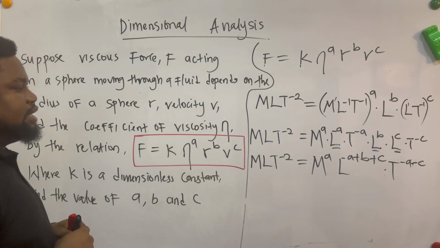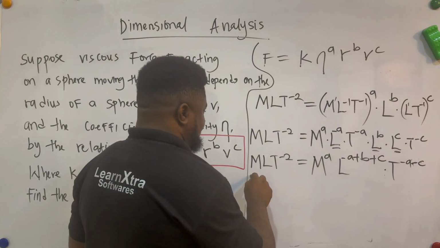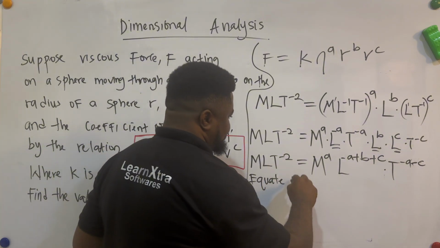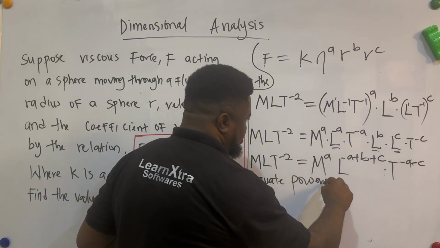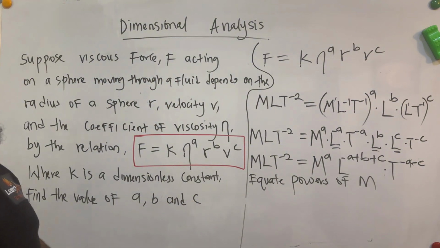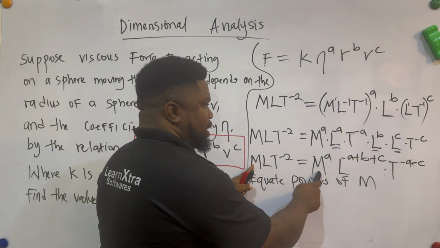Time for equation. We will equate powers of M. I'm going with M first, because M is just only one here.